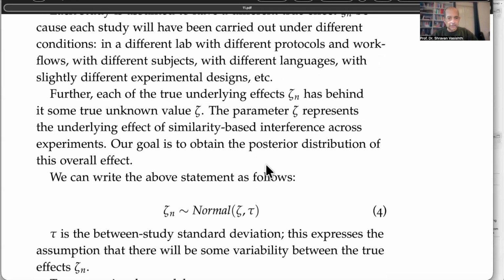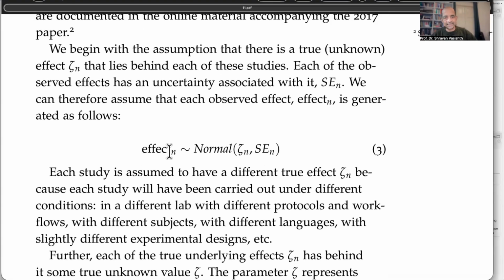By the way, I just want to mention that even though this effect size is on the millisecond scale, it's actually reasonable to assume that the data is coming from a normal distribution. Why is that? Because these are mean effect estimates, and the sampling distribution of the sample mean is normal asymptotically, right?